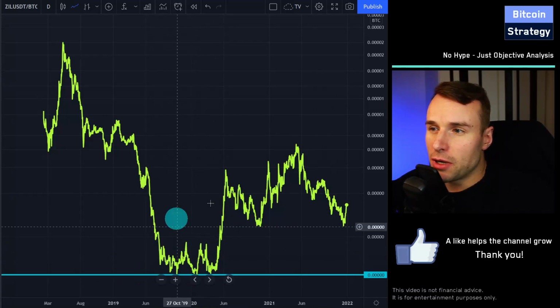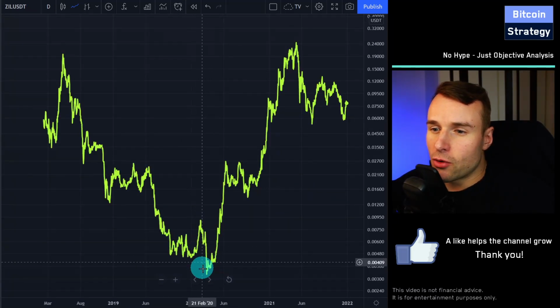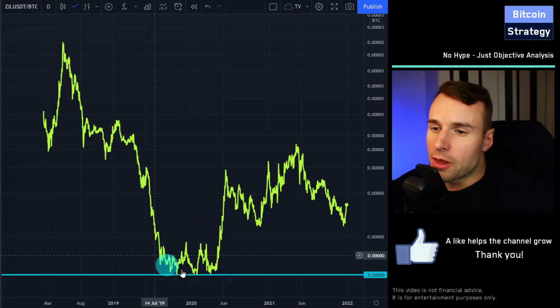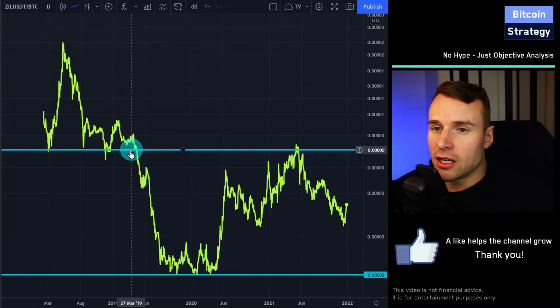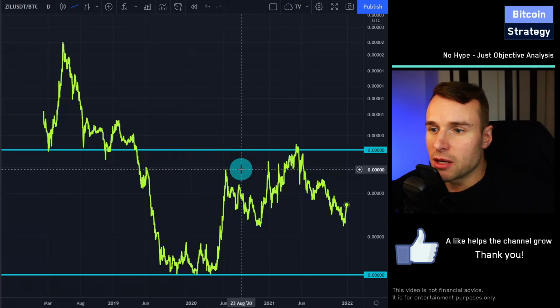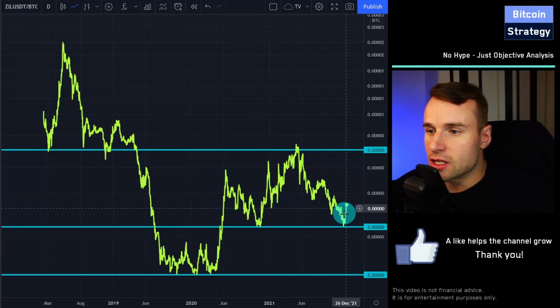But this kind of pattern isn't that clear in the US dollar chart, right? We did this massive crash, which was the Corona crash, but it didn't crash further than Bitcoin did. This was simply another consolidation. And so again, if we just look at support lines and potential resistance lines, this might make sense over here. We also have a support here from November 2020, where we just recently bounced off.